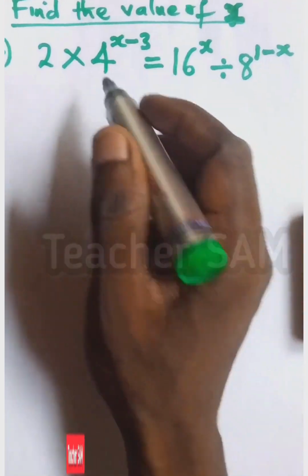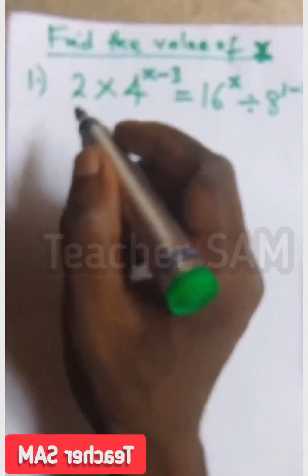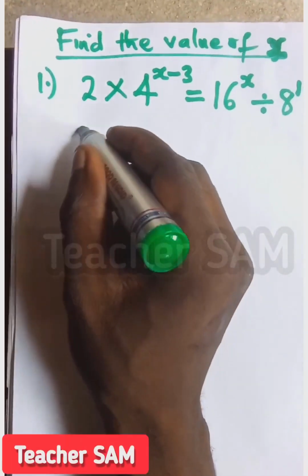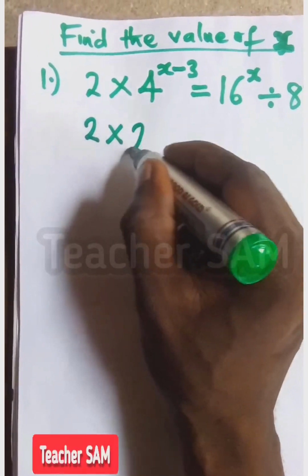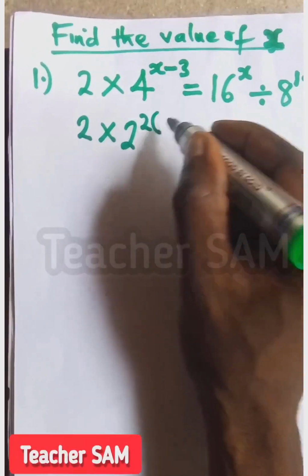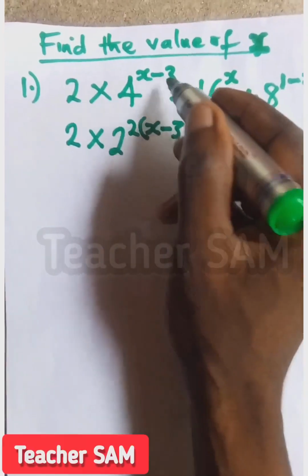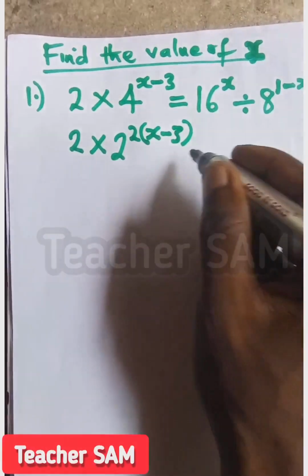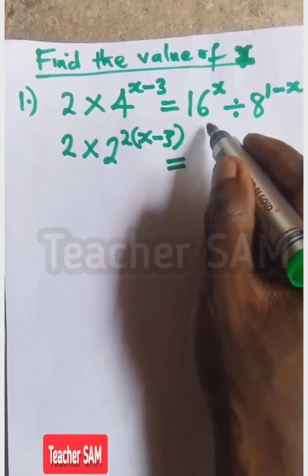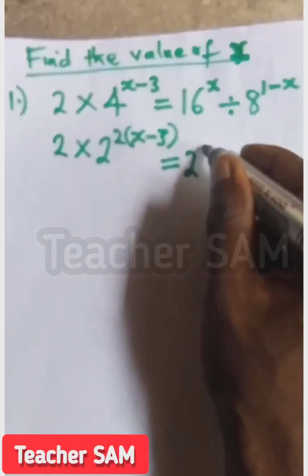Now, first thing, I'm going to reduce them to powers of 2. This is already 2, so I'm going to repeat that. Now, 4 is the same as 2 raised to the power 2. Remember, there is a power there, so x minus 3 is the power. So I'm repeating this power. Equals to, now for the 16, it is the same as 2 raised to the power 4.